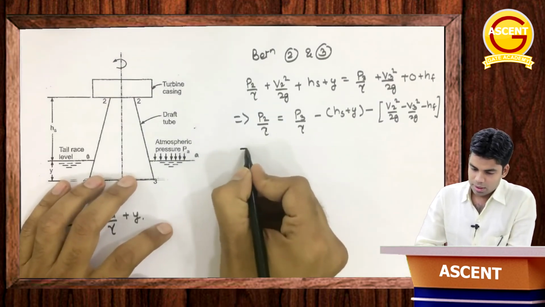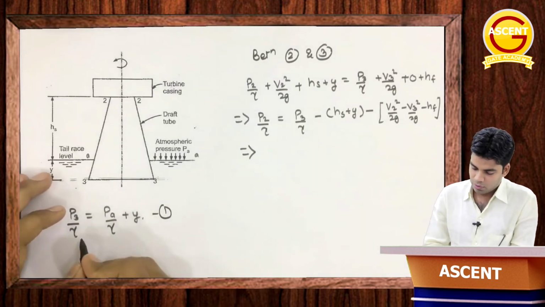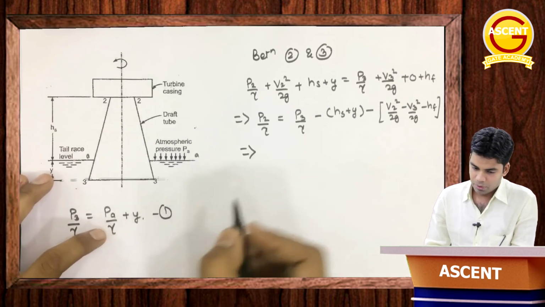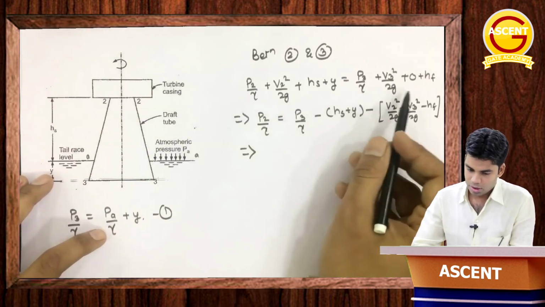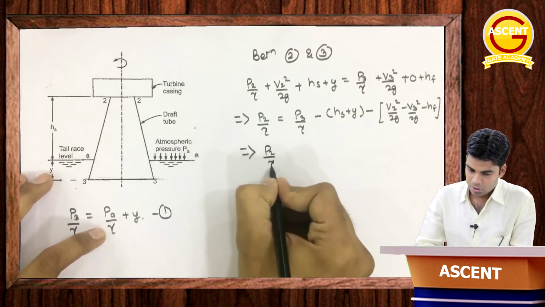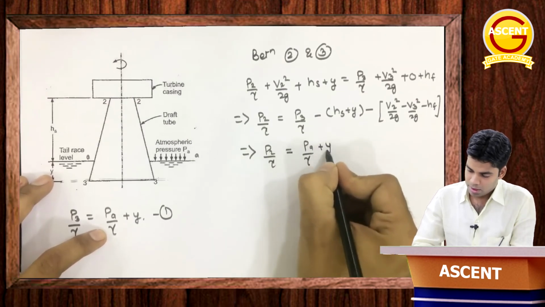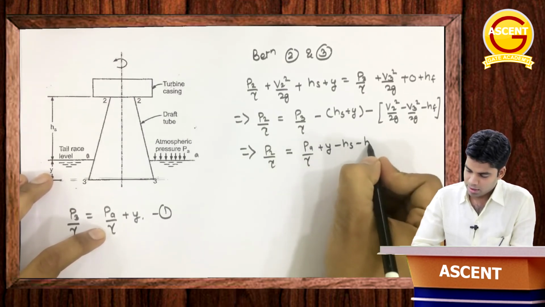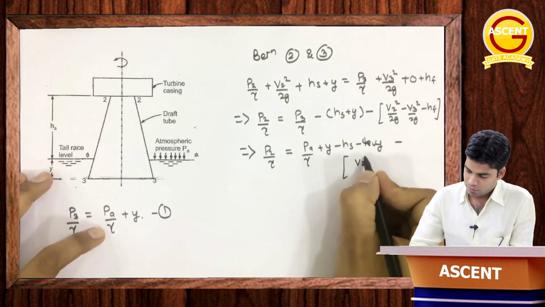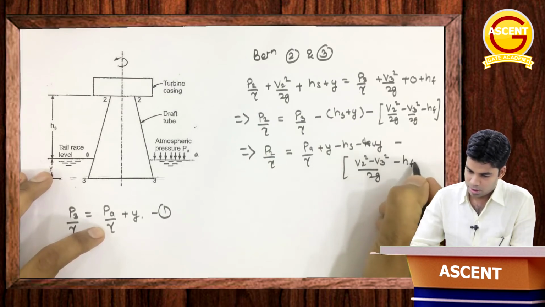Now from equation 1 we have P3 by gamma equal to PA by gamma plus Y. So instead of P3 by gamma we can write PA by gamma plus Y. So P2 by gamma is equal to PA by gamma plus Y minus HS minus Y minus of V2 square minus V3 square divided by 2G minus HF.